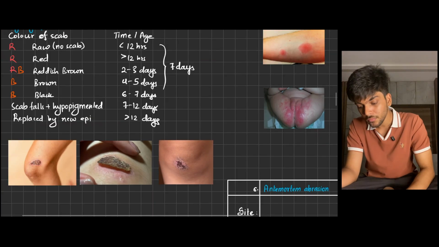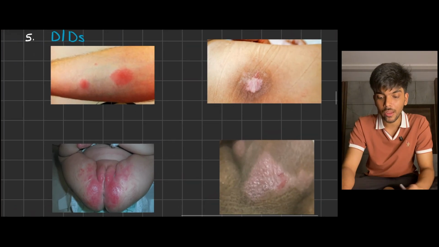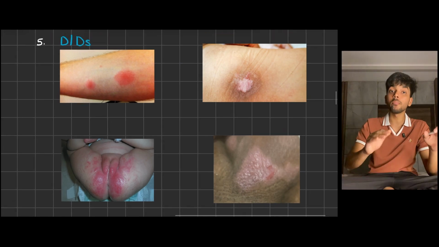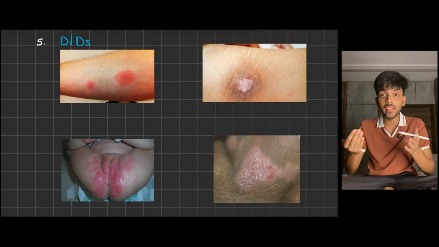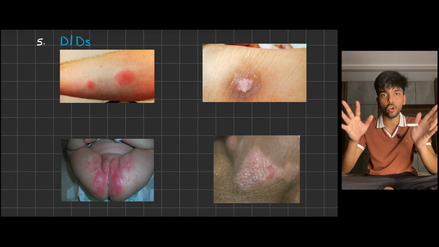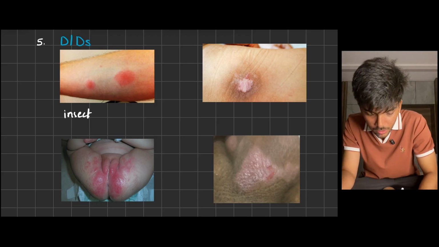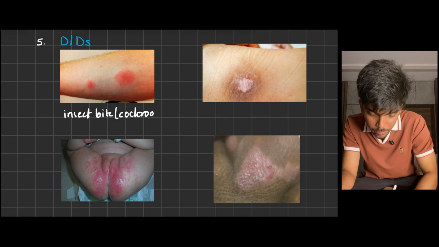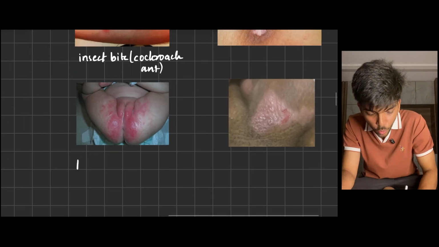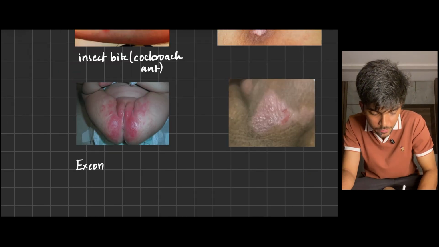Then differential diagnosis. So these are the conditions that might be confused with abrasion, but they in actuality are not abrasion. For example, insect bite. The one that I have shown here is a cockroach bite. It could even be from an ant. Next, excoriation of skin.